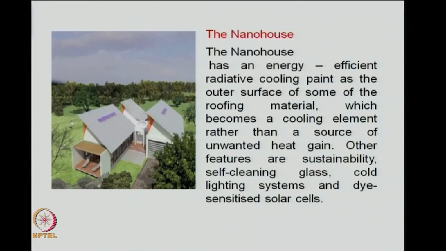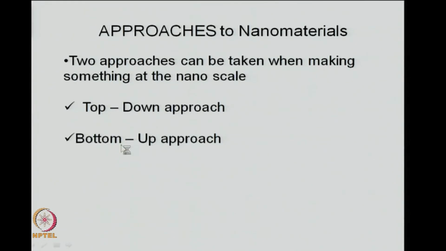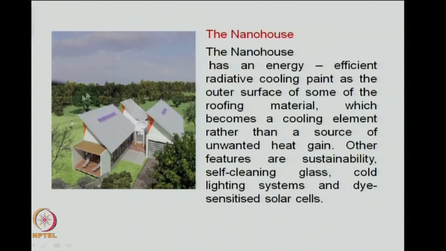The sensors allow the lighting to turn on or turn off, and many applications of solar cells, like solar heating of the water and solar electricity based on efficient solar cells together. Then this model house is the real futuristic house based on nanotechnology.